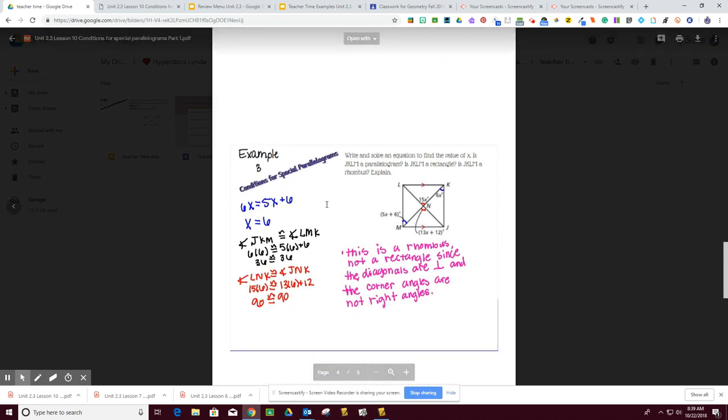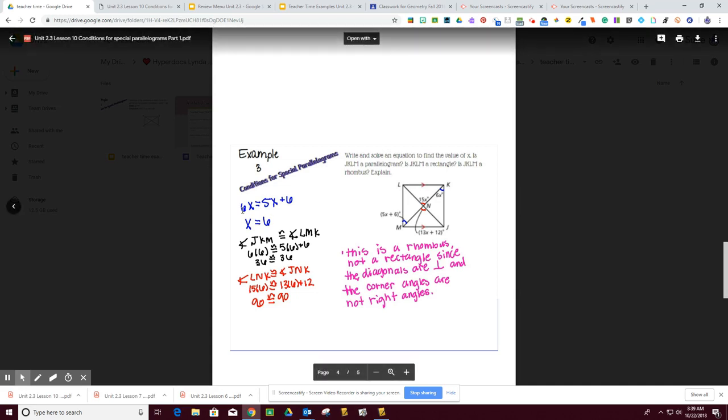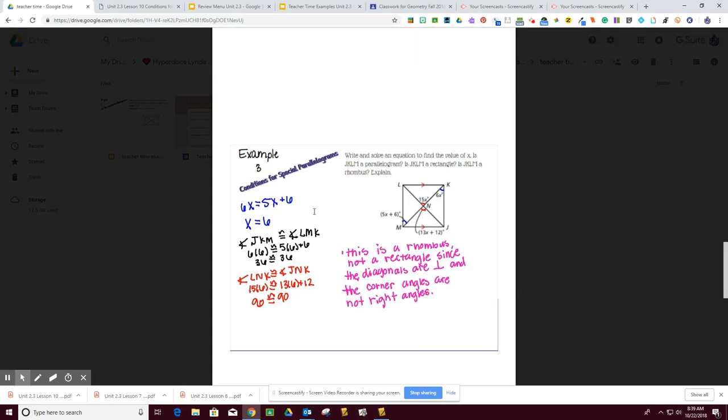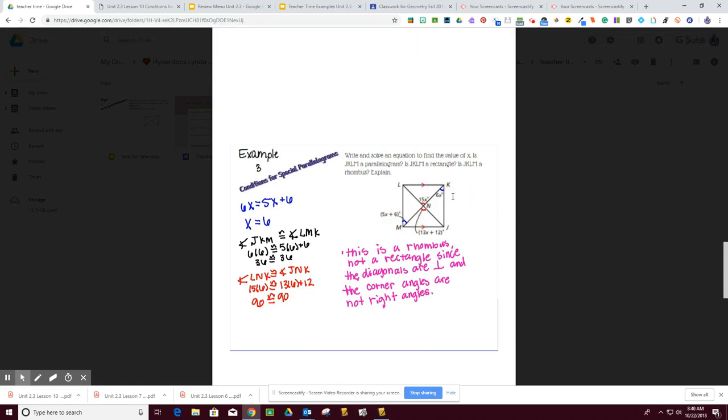Remember that a rectangle has 4 right angles, a rhombus has 4 congruent sides, and a square has both. So the first thing is, is this thing a parallelogram? If it's a rhombus, it has to be a parallelogram. What makes this a rhombus? Well, we know that these blue angles right here have to be equal if this thing is a rhombus.